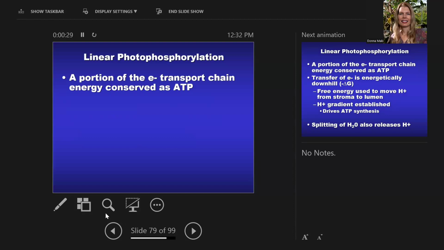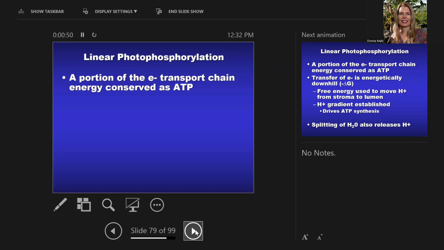And then phosphorylation, start thinking about ADP, because that's really what we care about, whether you're a plant or an animal. You want to get your ADP phosphorylated so you can make ATP, right? So phosphorylation is just referring to the idea that something is getting phosphorylated. In this case, it's ADP so that you can get your ATP.